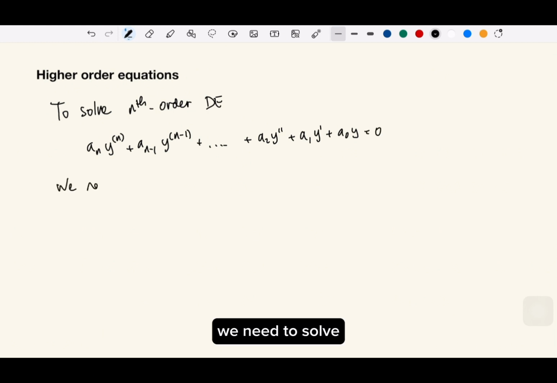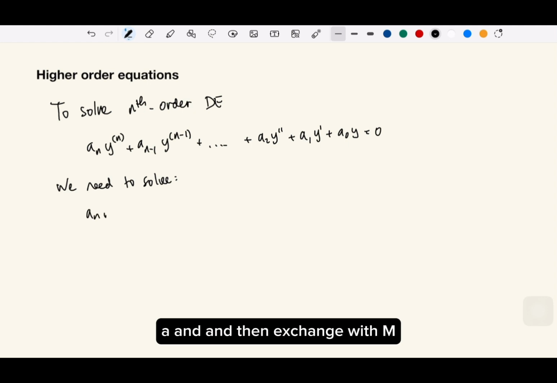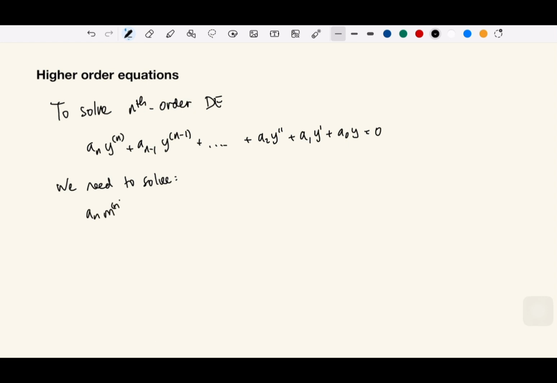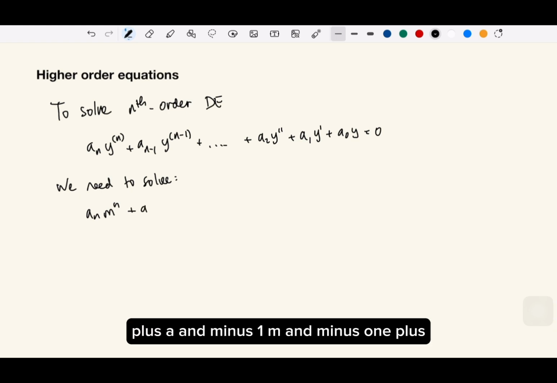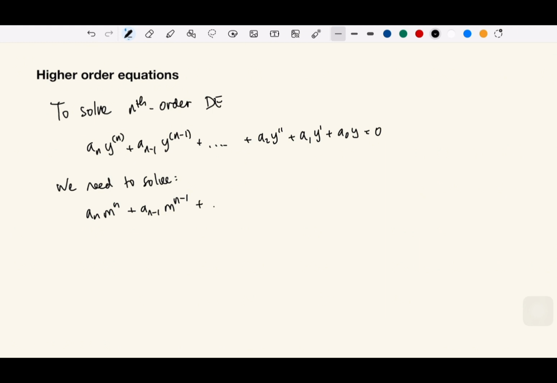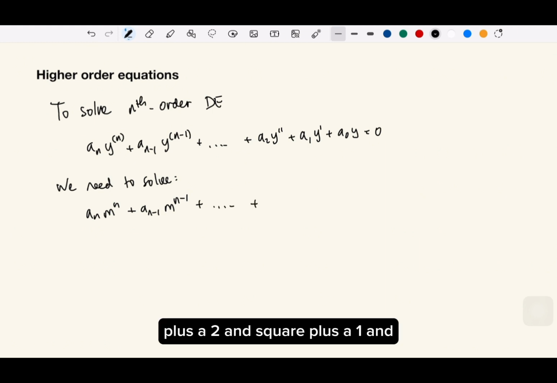We need to solve a n m to the n plus a n minus 1 m to the n minus 1 plus and so on, plus a2 m squared plus a1 m plus a0 equals 0.